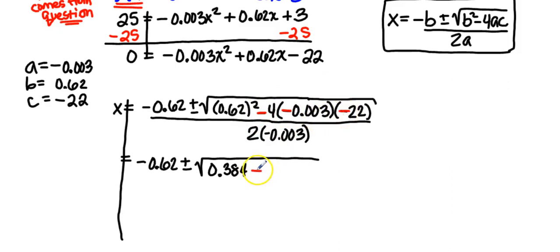Now, I already decided my sign, so in my calculator, I can just type in 4 times 0.003 times 22, because I already took care of the signs. That gets us 0.264.